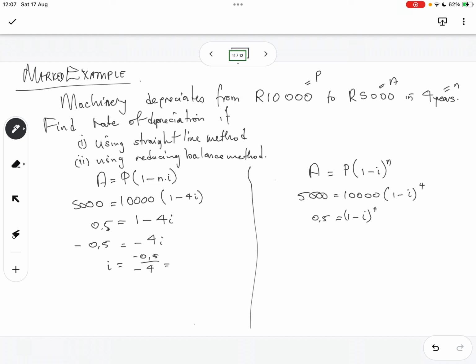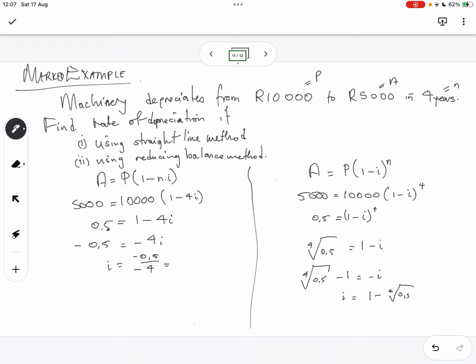And here we'll take not logs, sorry, the fourth root of 0.5, which will equal 1 minus i. We take the fourth root of 0.5 minus 1 equals negative i.